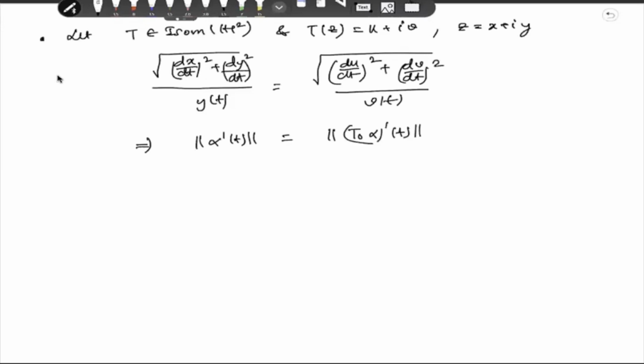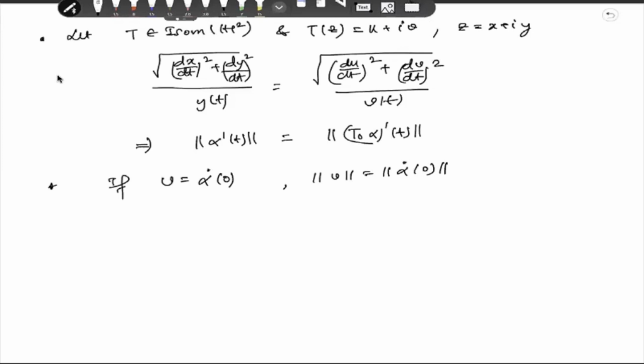And now, if V is equal to alpha dot 0 for some differentiable path alpha, then the norm of V will be equal to the norm of this alpha dot 0.